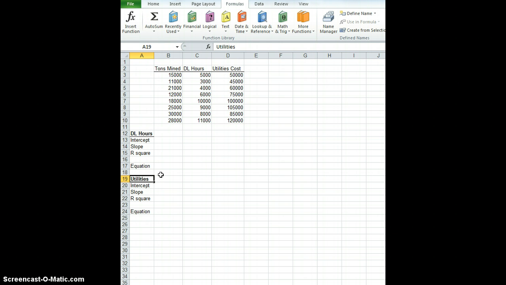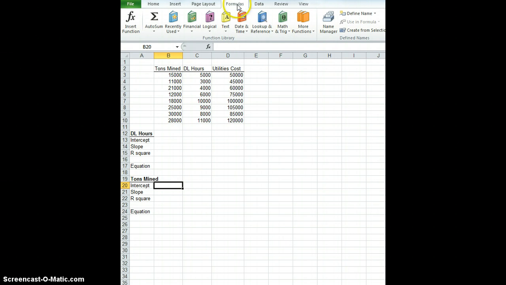So we'll start with part 1A, where we will calculate the cost formula using tons mined as the independent variable, and utilities cost as the dependent variable, the Y.